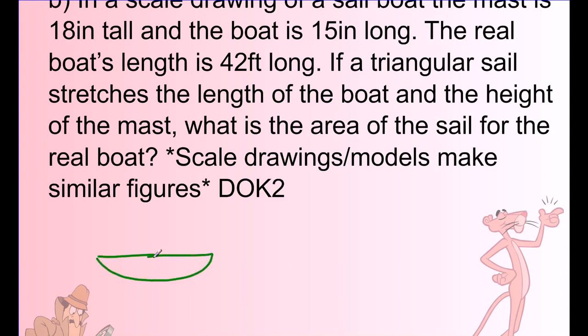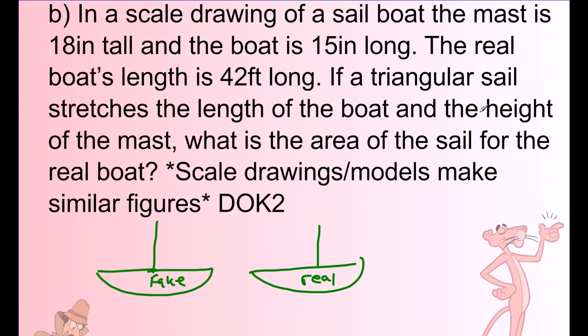So I've got my fake boat, and I've got my real boat. Let's see. The mast is 18 inches tall, and the boat is 15 inches long. Okay, so that's my fake boat.